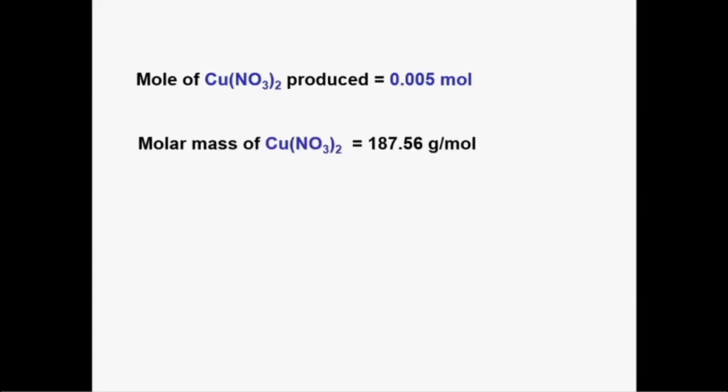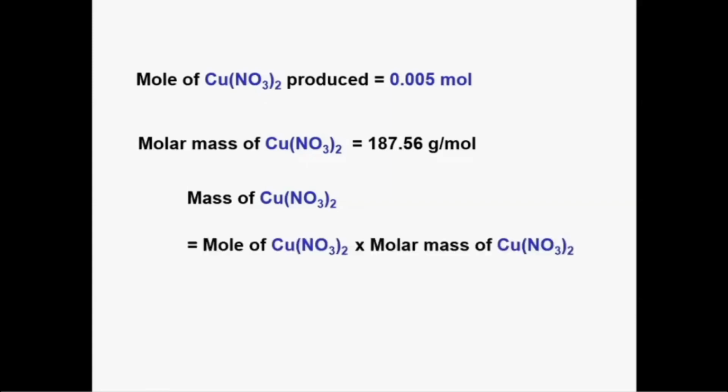And then we are going to determine the mass of this copper II nitrate produced in this reaction. We are going to use the molar mass of copper II nitrate, which is 187.56 grams per mole. So mass of copper II nitrate equals moles of copper II nitrate times molar mass of copper II nitrate.